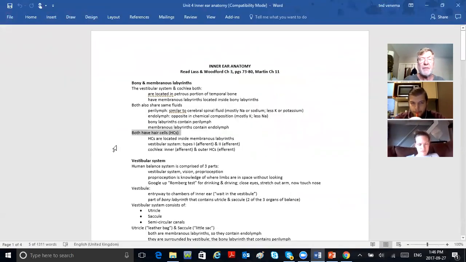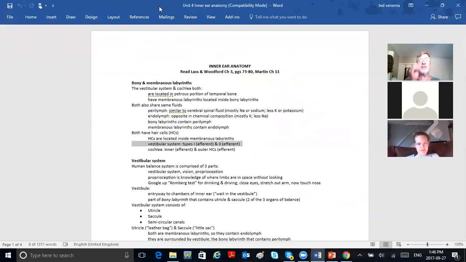Now, in the vestibular system, you have two kinds of hair cells. Type 1, type 2. And you'll see these words afferent, efferent. Well, let's just break things down here. Afferent means going to the brain.